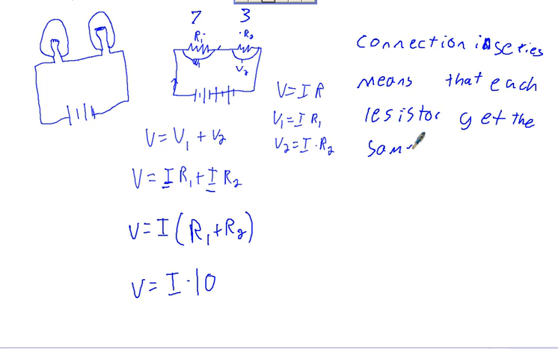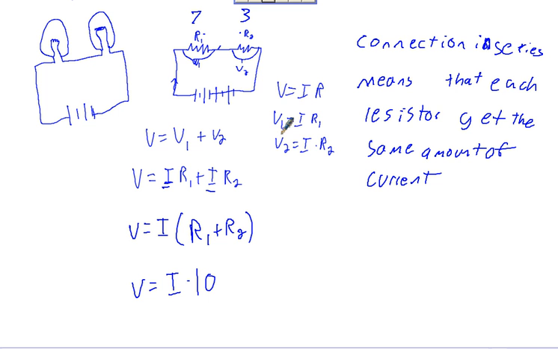And that's why this has this I here and doesn't have a 1 or a 2 next to it. They'll have the same current going through both of them. But the voltage that goes across them is different, and we can figure that out with these formulas to find their different voltages.